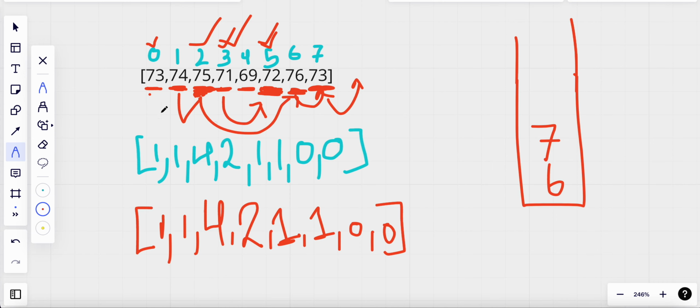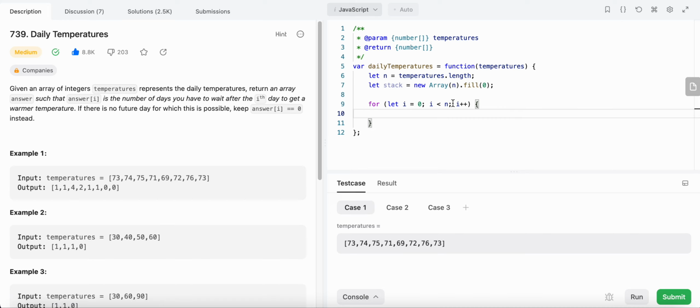And what are we doing? We are starting from the first element and checking the value against the values in the stack. So the stack should not be empty, and the temperature at index i should be greater than the temperature at the top of the stack. So while the stack length is not zero, what will be the value at the top of the stack?